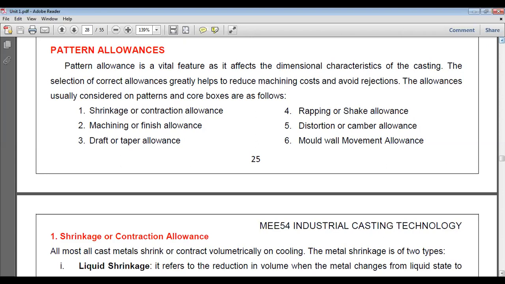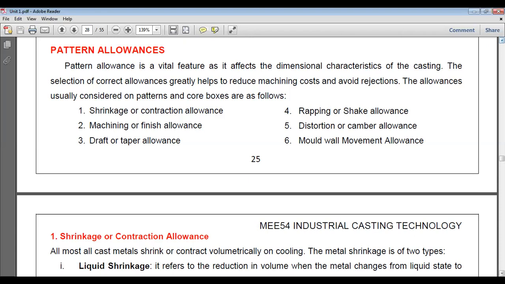So this 2 mm is increased because of various reasons. We'll be discussing what these reasons are, why they are taken, and how they are taken. So in place of 10, we are making the pattern 12 mm. This 2 mm is known as allowances, extra material given on the pattern.